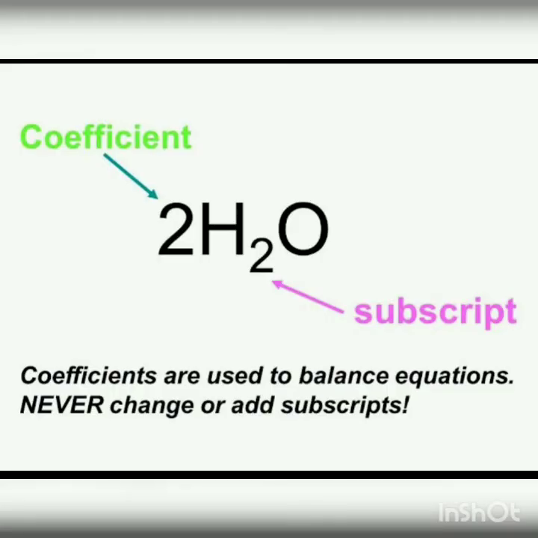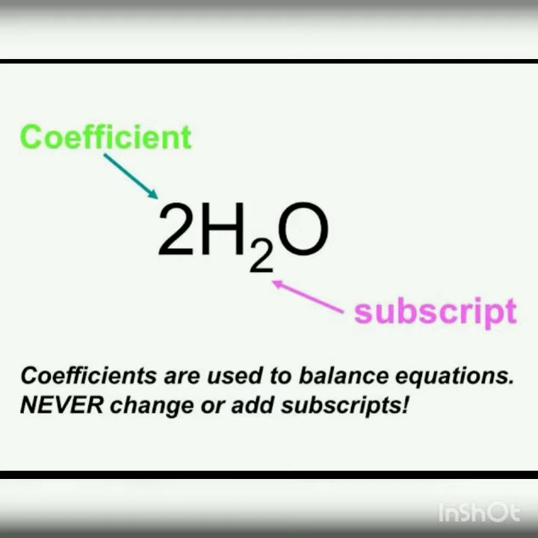The number which is written in front of the symbol of an element indicates the coefficient, which is used to balance the equation, as well as to tell how many molecules of a particular compound are present. Now, the figure which is written as a subscript indicates the number of atoms of a particular element.